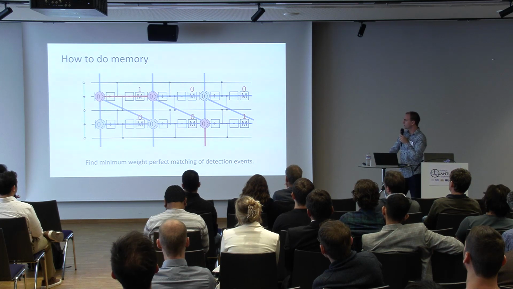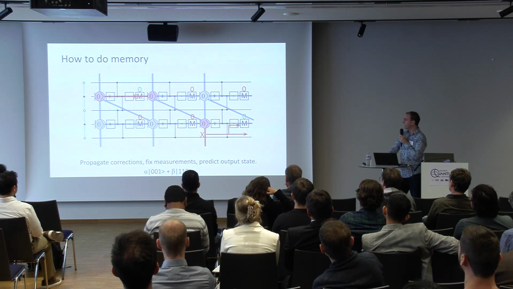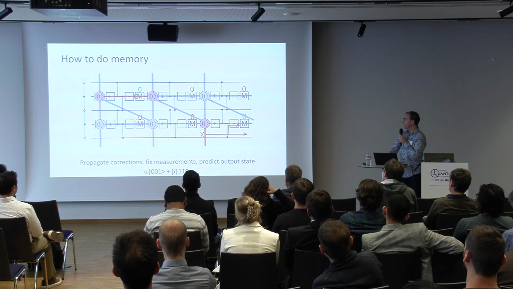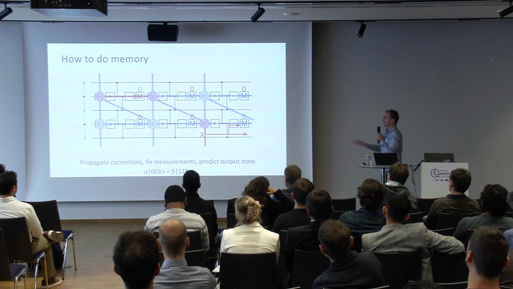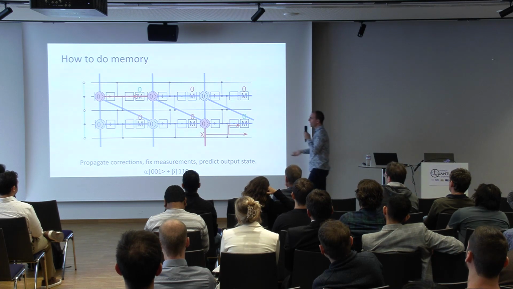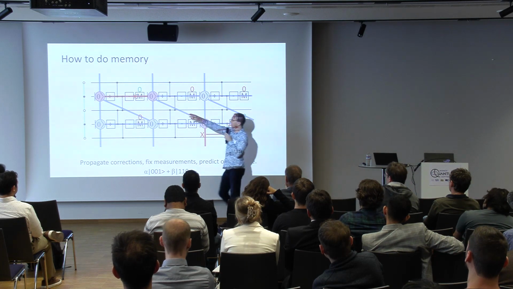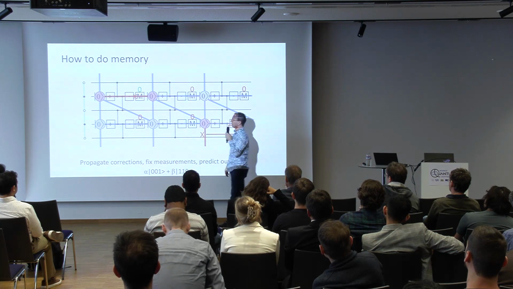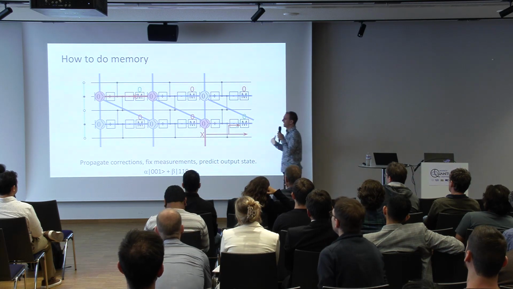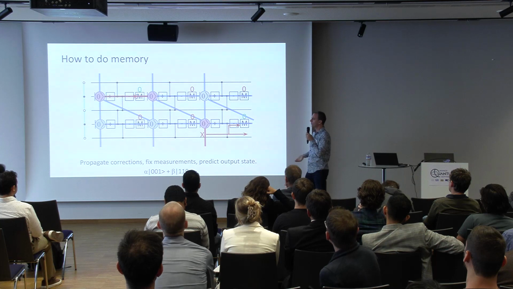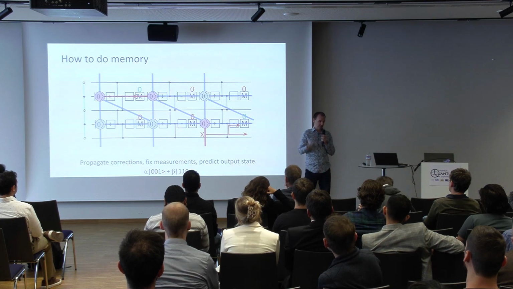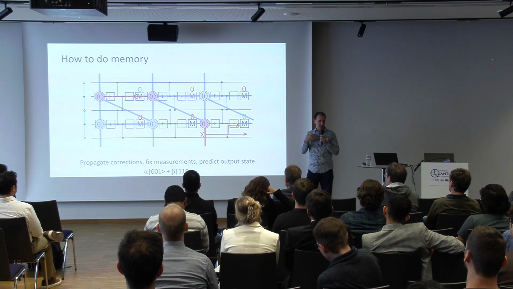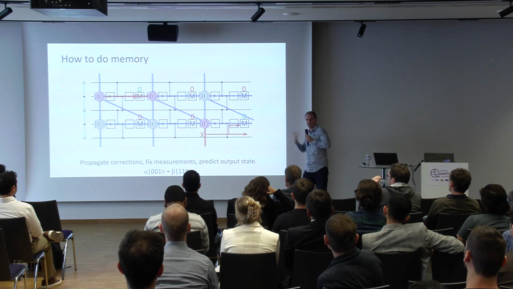So here's an example of doing that. We connect the top two and the bottom one to the boundary. You might ask yourself, well, why didn't we use physical corrections? Why didn't I actually go in and do the bit flip? But the answer is there's no reason to. Ultimately, once the quantum computer has done its thing and given you its output, you are working with classical information. You work out where the errors are, and then you fix the classical information.